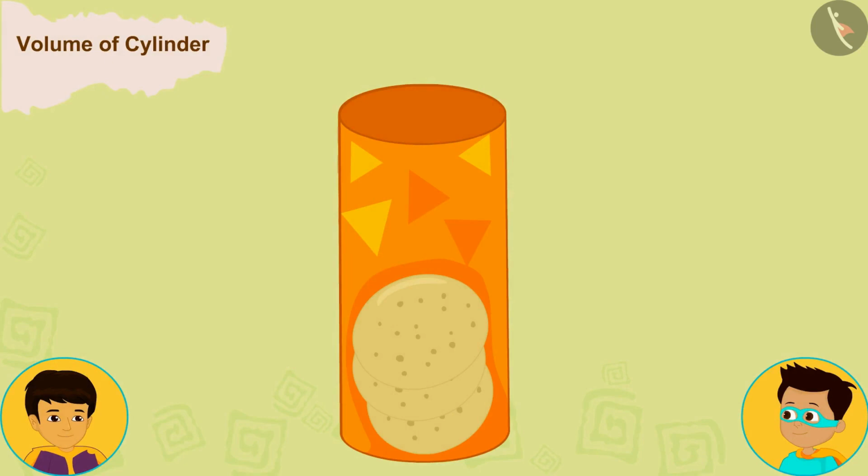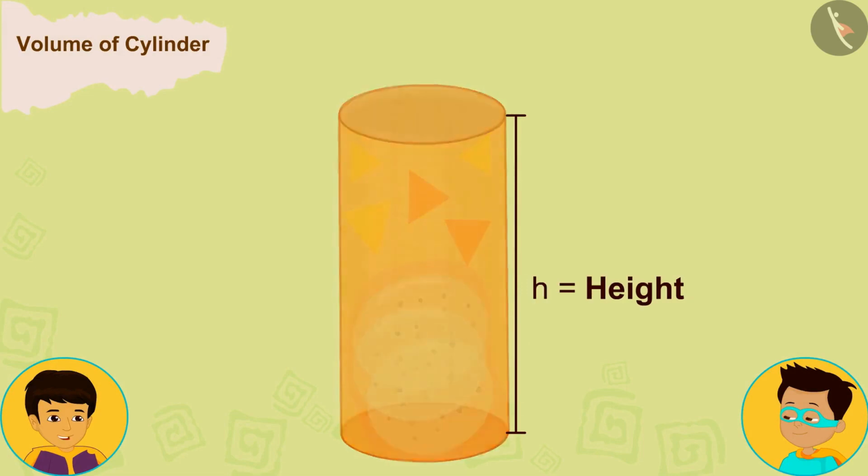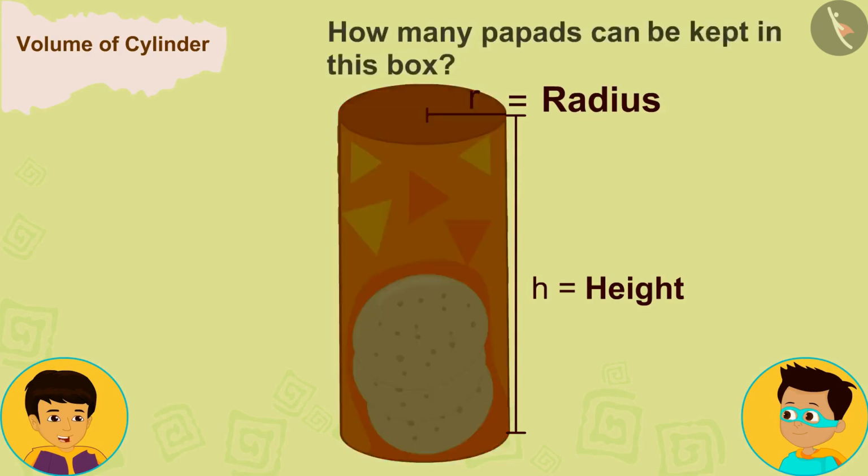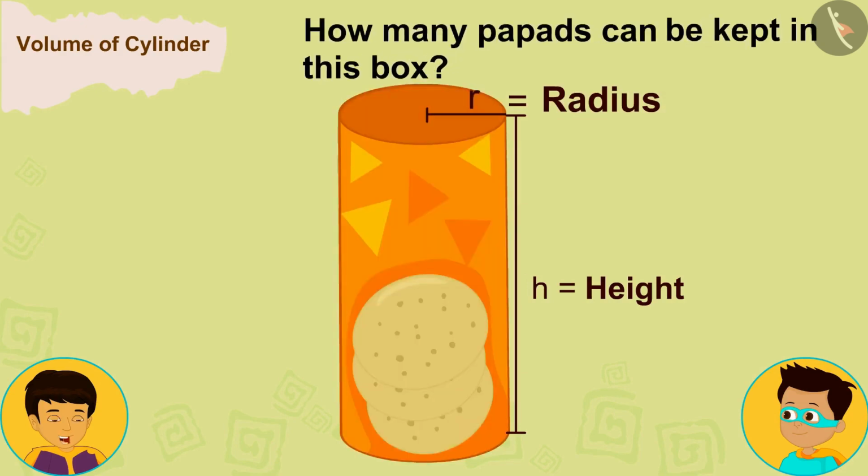Look, Thomas, suppose the height of this cylindrical box is h and the radius of its base and top surfaces is r. The radius is the same as the radius of each papad. Now can you tell me how many papads can be kept in this box?